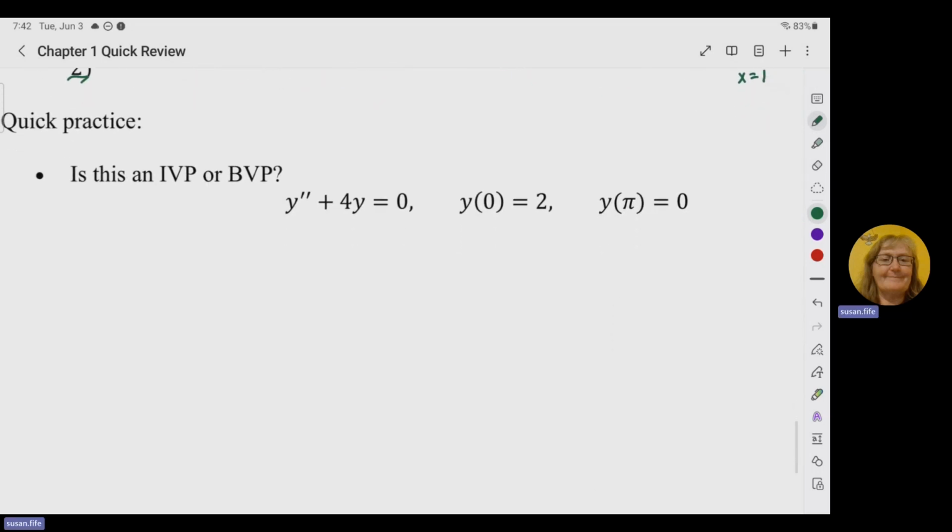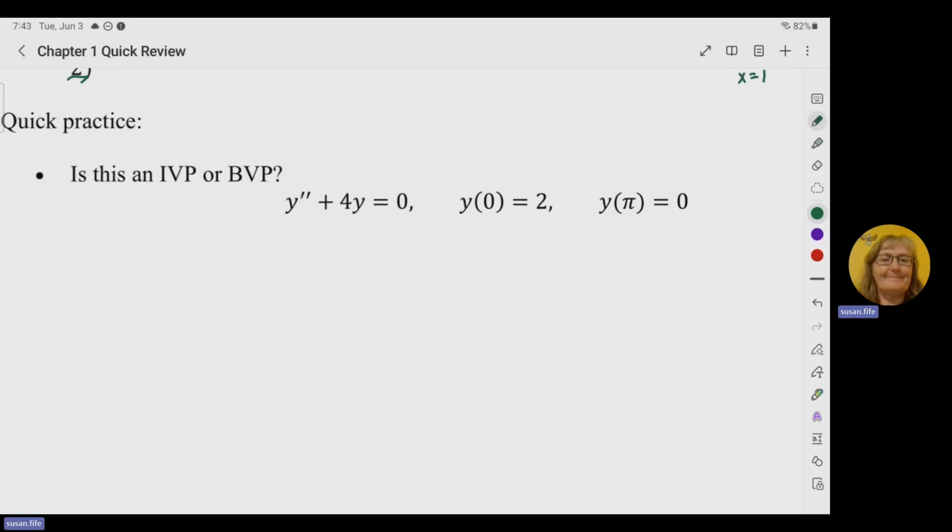So if I look at this equation, y double prime plus 4y equals 0, y of 0 equals 2, and y of pi equals 0. Is this an initial value problem, or is this a boundary value problem? So remember, initial value problems, you're looking at the same x value for those pieces of information that they give you.